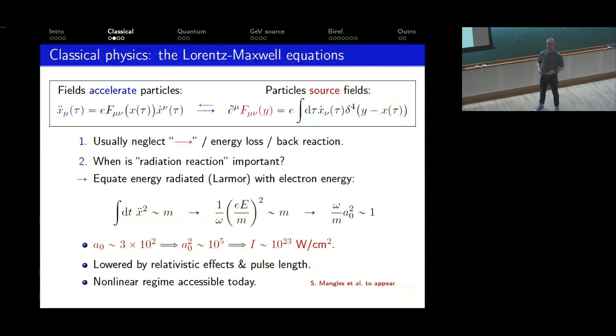And the condition for back reaction to become important is just that the laser frequency over mass, times A naught squared, is of order 1. If you plug in the numbers, this boils down to A naught being of order 100, this is for optical lasers, and an intensity of 10 to the 23 watts per centimeter squared. I think this number cropped up this morning, right?